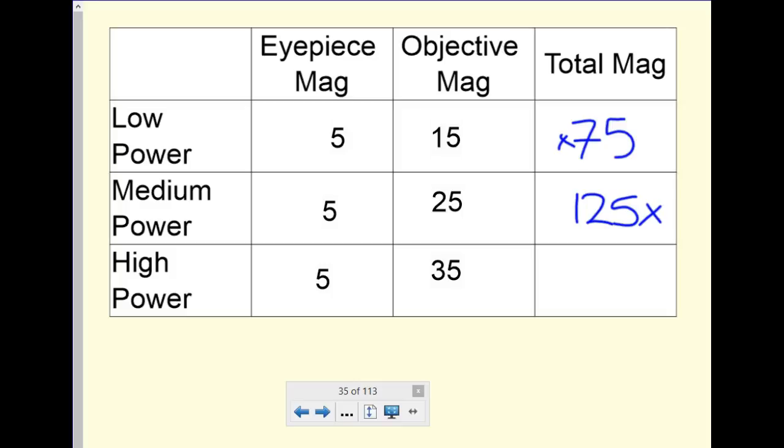What about if I reduce my high power to a 35 times magnification? 107. Okay, Ben? 175. You're welcome. Thank you. 175 times magnification. So it's really easy to change the magnification power of a microscope.